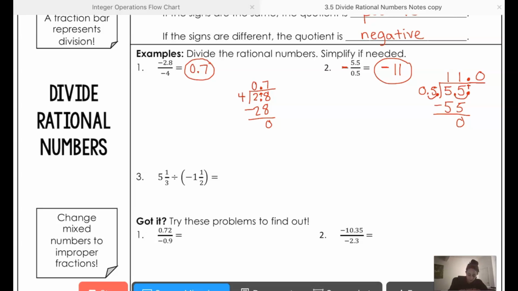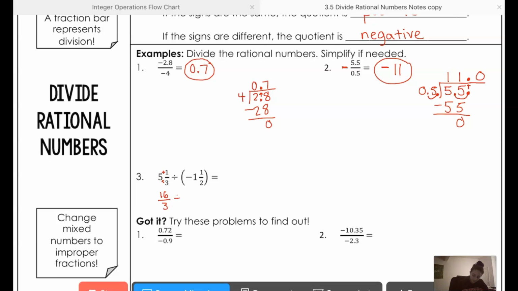All right, if we look at number 3, now we have mixed numbers. So we have 5 1/3 divided by negative 1 1/2. We have to first make these improper. So I'm going to make 5 1/3 improper by doing 3 times 5 is 15, plus the 1 on top is 16 over 3.